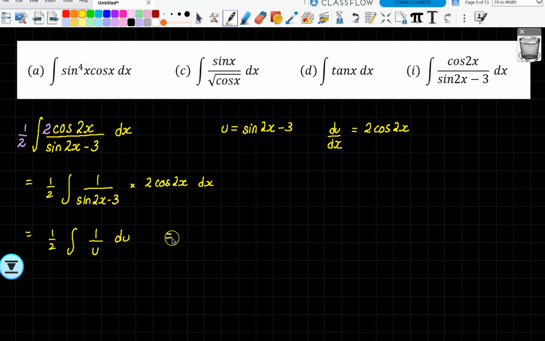So sorry to have 2 equal signs on a line here, but just so we can have everything on the one line, and 1 over u, that becomes ln of u, modulus, don't forget your modulus signs, and I can pop my function in straight away, sine 2x take 3, and don't forget the plus c.